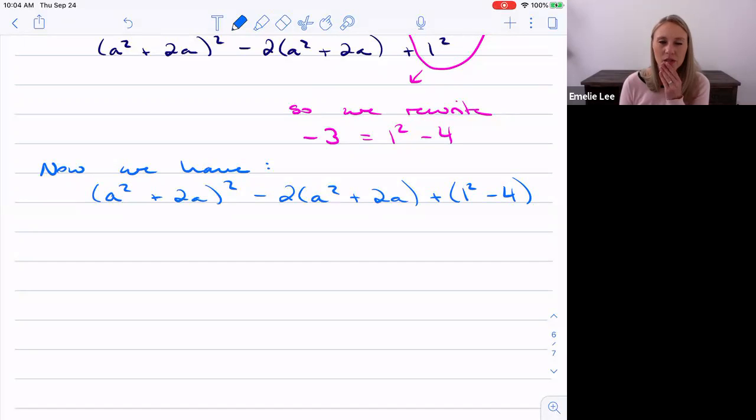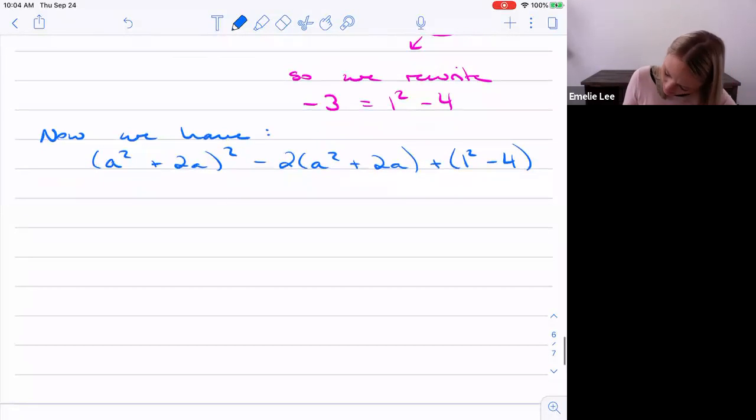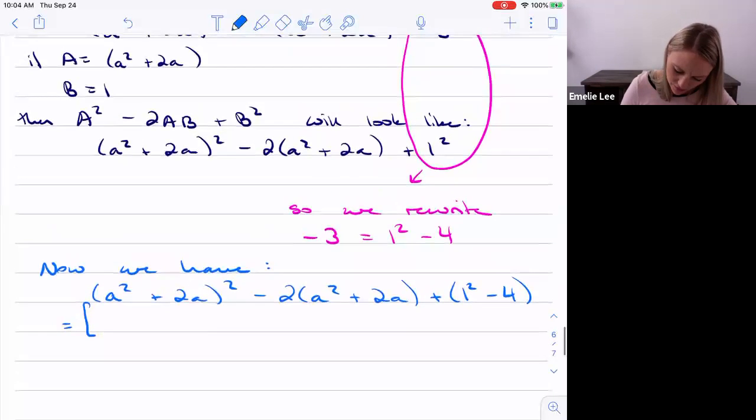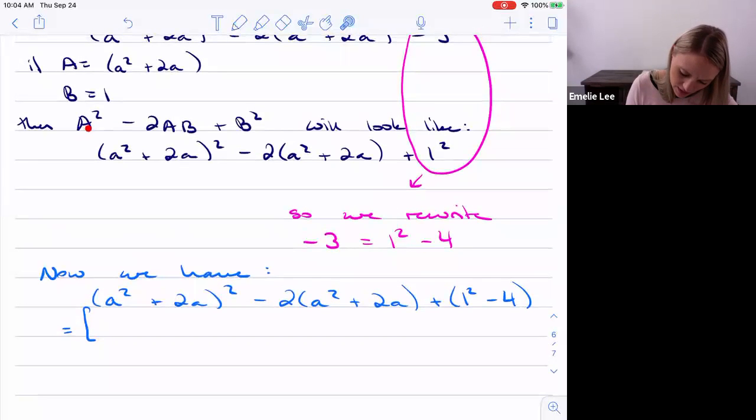That's the same as plus -3. Now I'm going to rearrange this and have it look like, in square brackets, this a squared minus 2ab plus b squared.